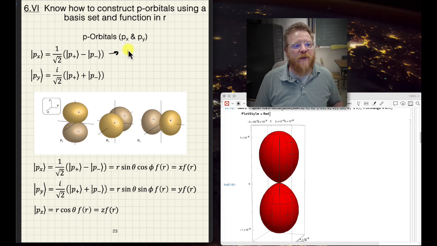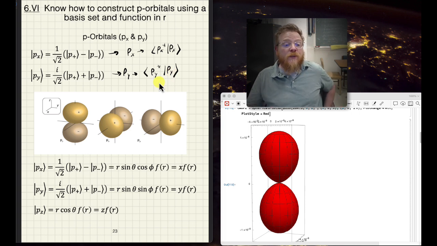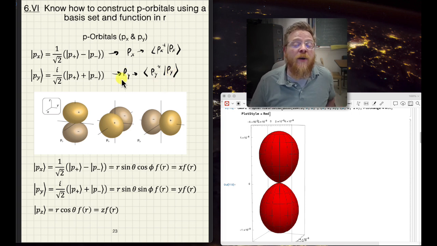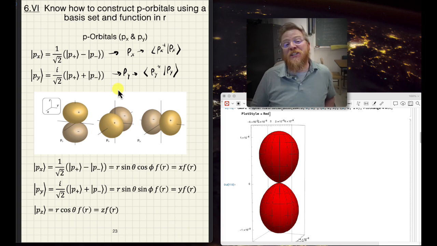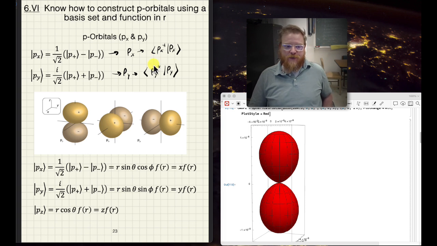We'll note that the px orbital is defined as px star px, and the py orbital is defined as py star py, because hopefully we recall those ml -1 and ml +1 solutions contain imaginary numbers. So we need to take the proper square modulus.